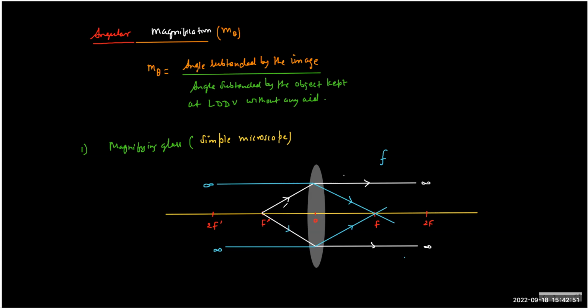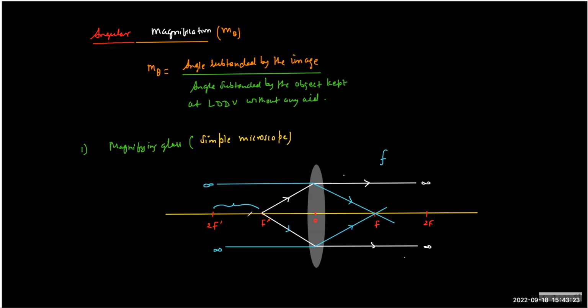And if you remember, a real image can be magnified as well as diminished. So when is the real image magnified, anyone? The real image is magnified only when the object is where to where? F to 2F. So only when the object is between F and 2F do we have magnified.